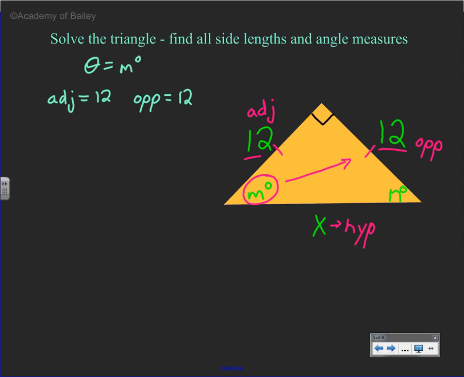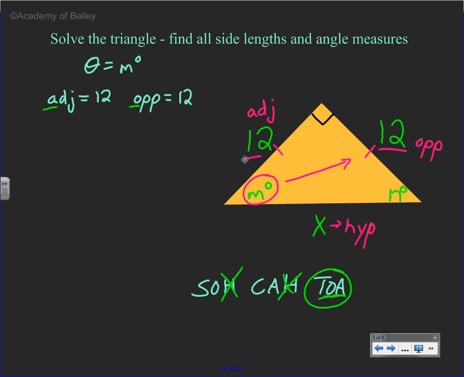So which trig function will we be using? Sine, cosine, or tangent? Well, let's go back here and look. Adjacent and opposite. Which trig function uses adjacent and opposite? Not sine and not cosine. Tangent is the trig function we will be using.